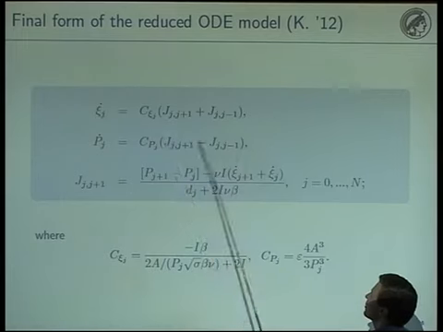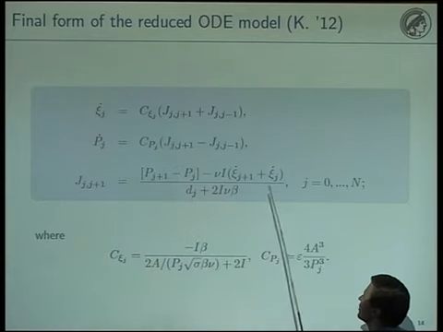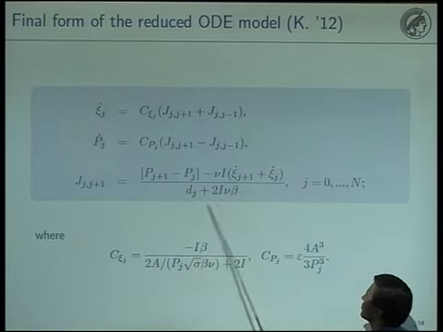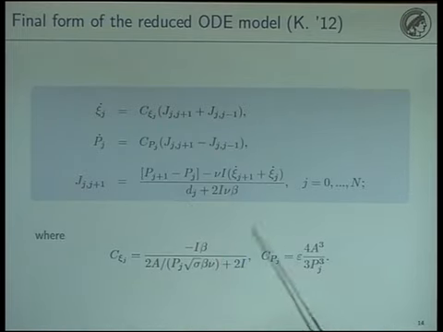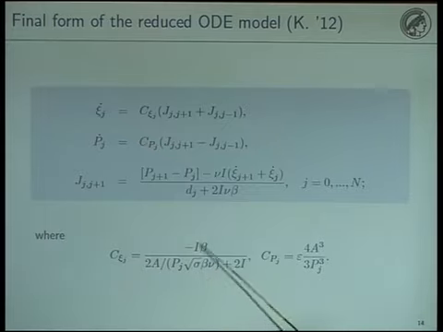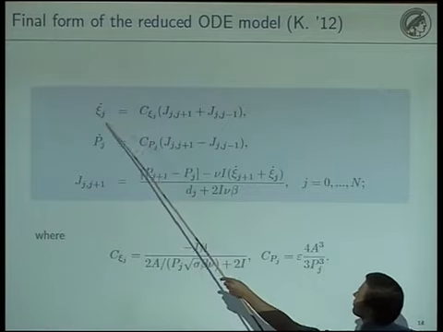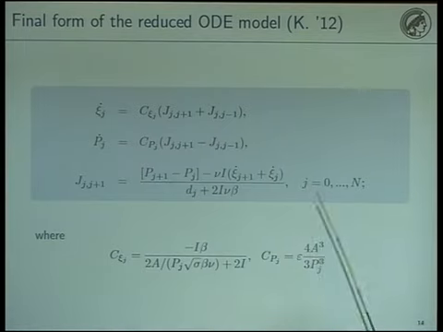Formally it has the same structure, but you should pay attention that now the fluxes have a different formula, a different representation, and also the mobility coefficient, which is responsible for the droplet migration, for the droplet velocity, is different and depends on the slip length beta.